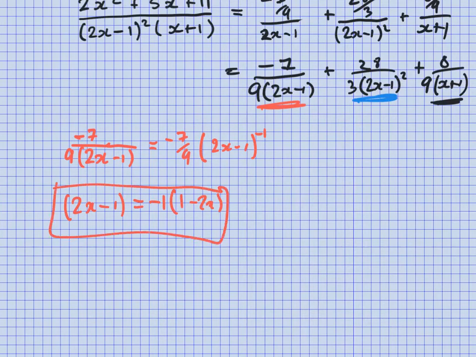So I can rewrite this again as minus 1 times 7 over 9. Minus 1 times minus 7 over 9 gives me 7 over 9 times 1 minus 2x to the minus 1.